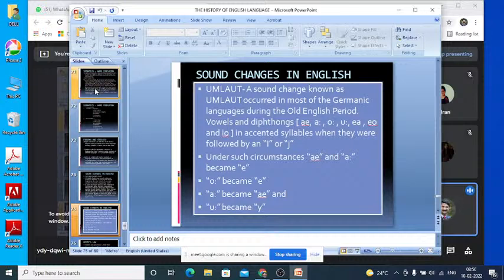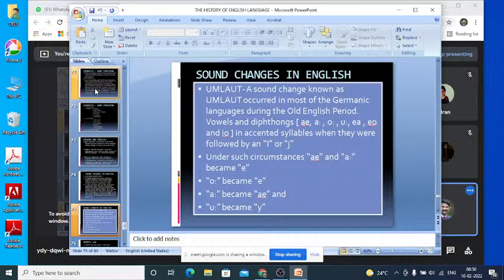Under such circumstances, the a sound became e. This is one of the features of what is known as umlaut.